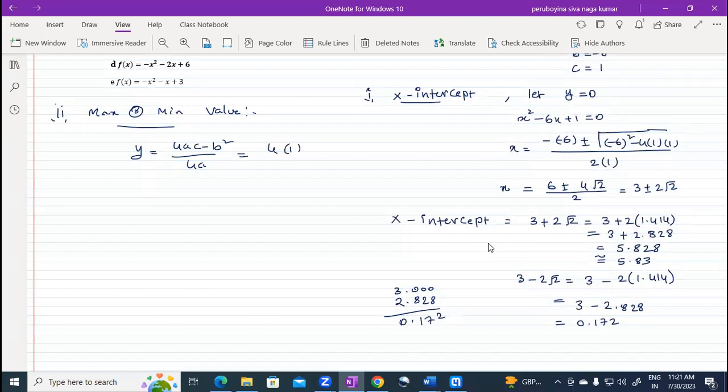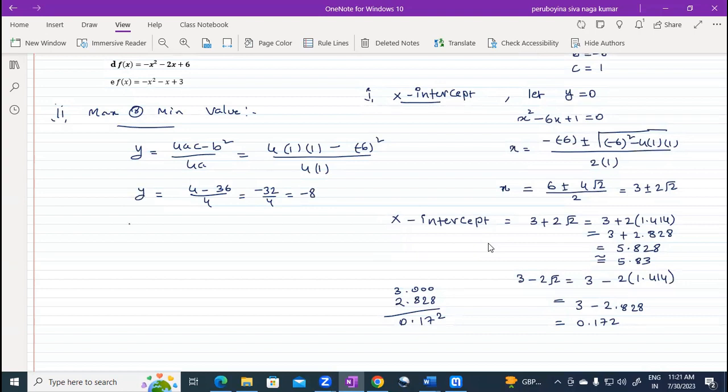a is 1, c is 1. b square is minus 6 whole square, by 4a, 4 into 1. 4 ones are 4, minus 36 by 4, minus 32 by 4, minus 8. Check the answer.